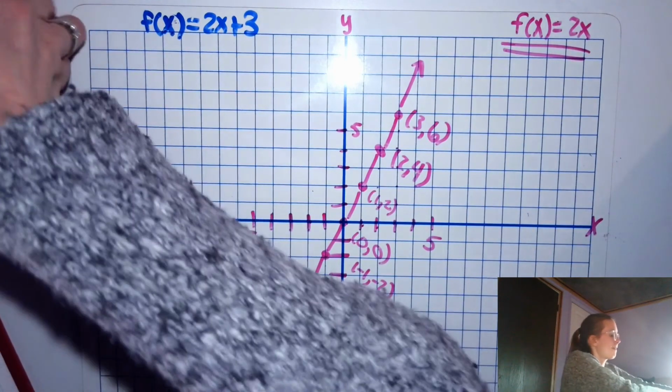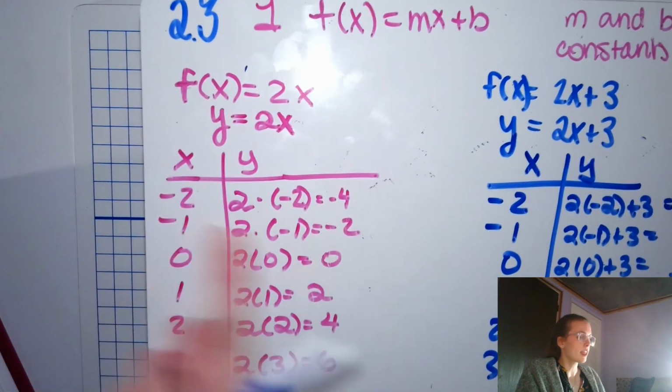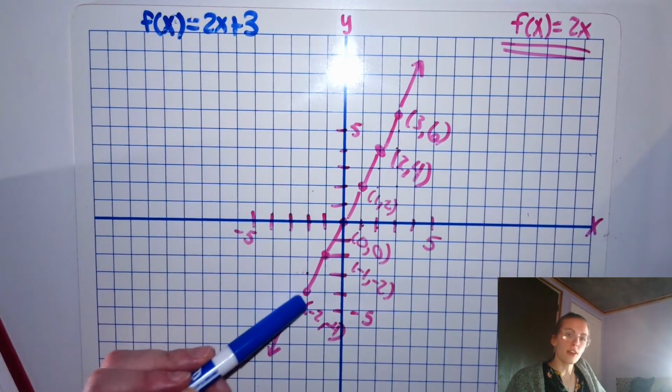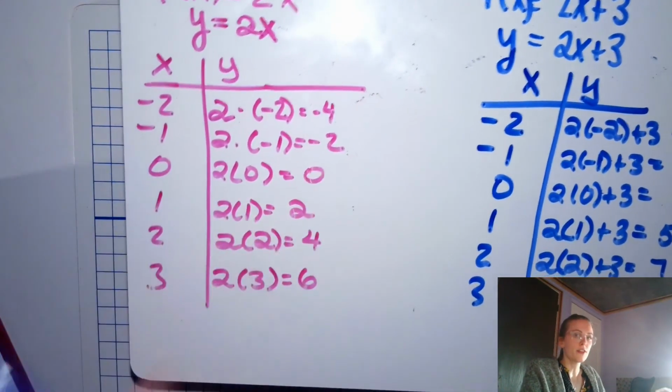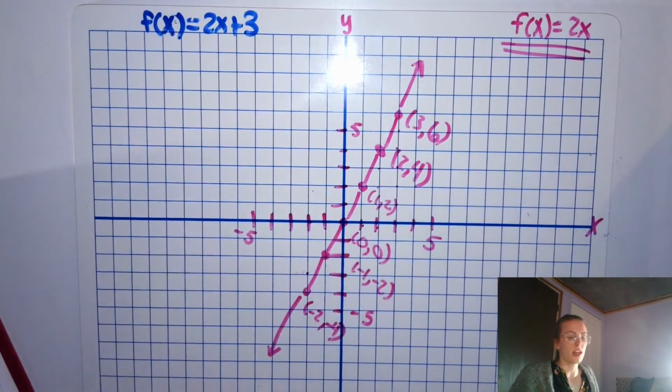Again, we use these values, right? We've got x is -2, y is -4. That corresponds to this point here, -2, -4. X is -1, y is -2. That corresponds to this point here, -1, -2, and so on and so forth.